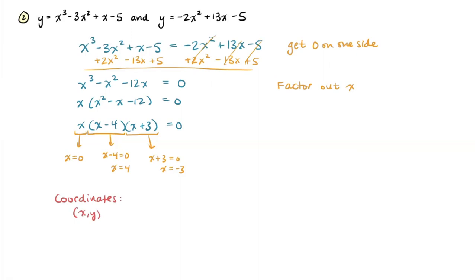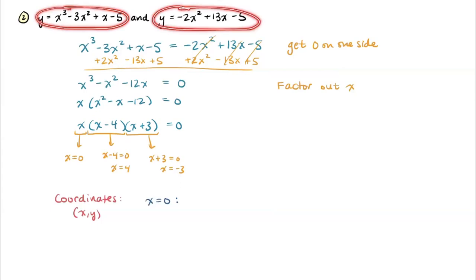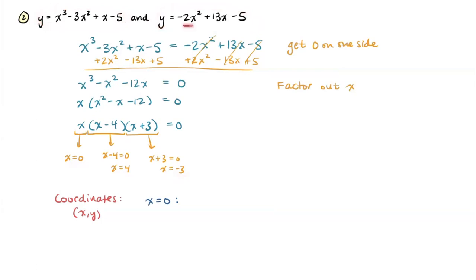If we have the x value of 0, we've got two choices to plug it into. Remember, the y values are the same at these three x values, so either one you want to choose is fine. I think this one's easier because we only have three terms to deal with as opposed to 4. So I'm just going to go with this one here.